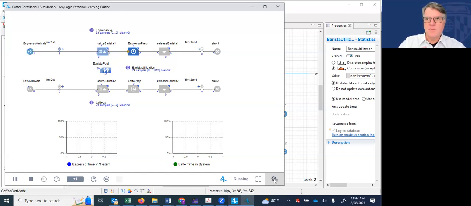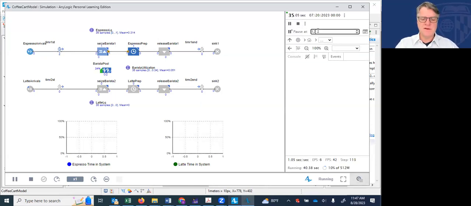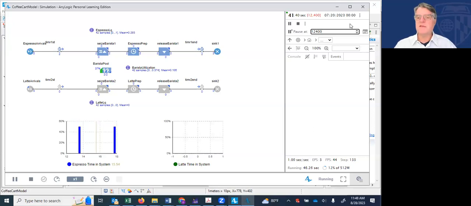So if I were to simulate this for 12,500 minutes, that is 50,000 divided by 4, I will reach that 50,000 limit. So I'm going to make it 12,400, and hit enter so that 12,400 appears up there.